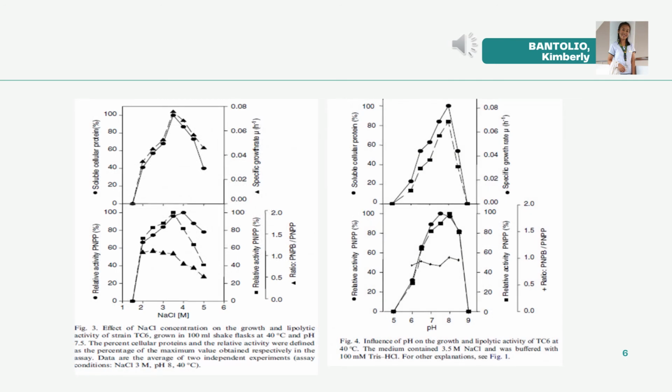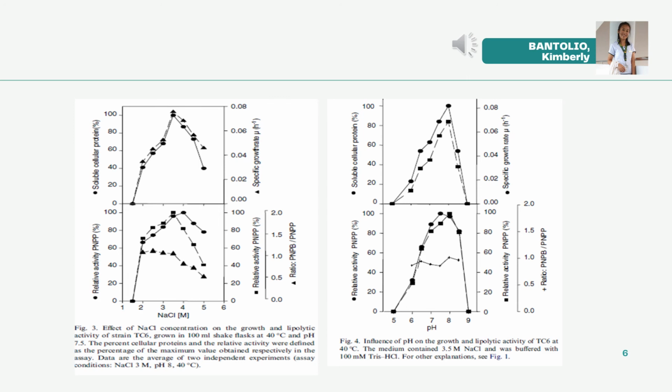This slide shows the result of the regulation of lipolytic activity during growth. The first figure shows the effect of NaCl concentration on the growth and lipolytic activity of strain TC6 grown in 100 ml shake flask at 40 degrees Celsius and pH 7.5.